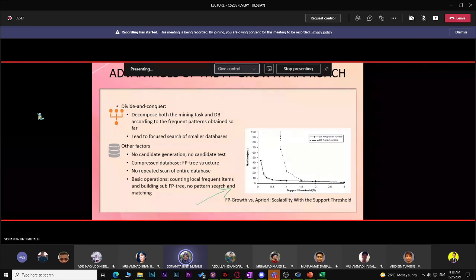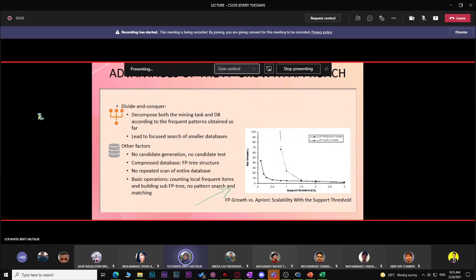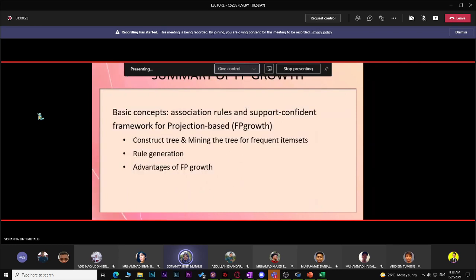Clearly it shows that when we compare frequent pattern growth and apriori, frequent pattern growth is more efficient. Comparatively in runtime, frequent pattern growth will produce the item sets faster than apriori. Apriori has to scan, so it is too much of a burden on the algorithm, on the computer especially, and also the memory. Okay, so I think that is the summary of frequent pattern growth.